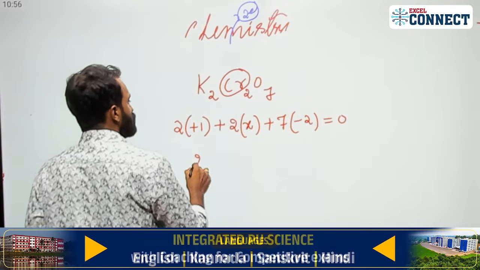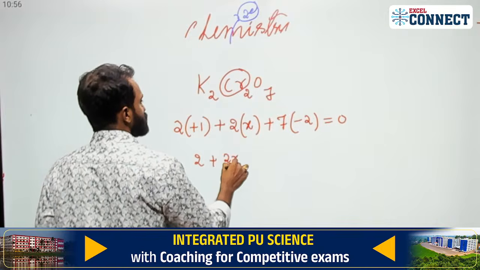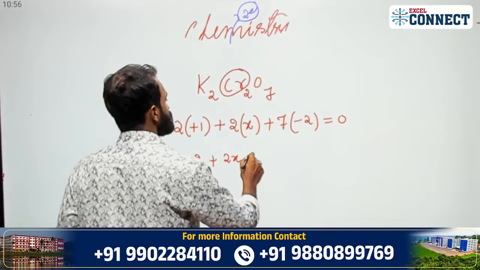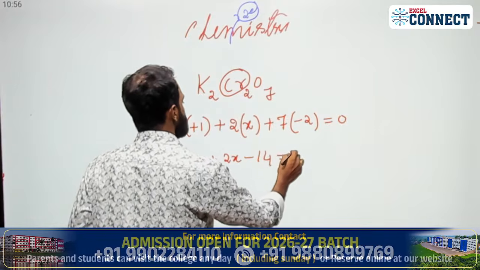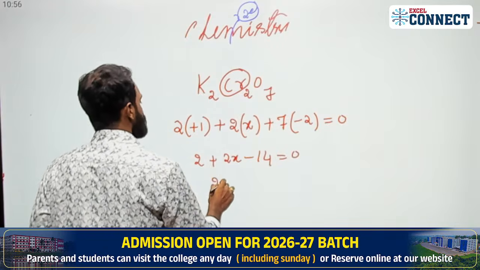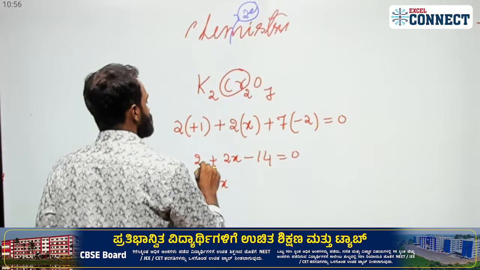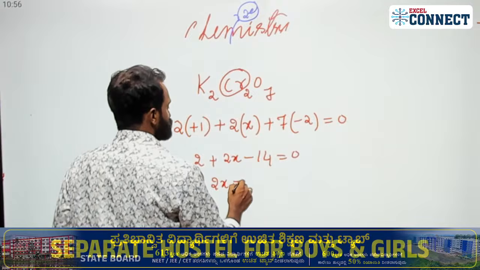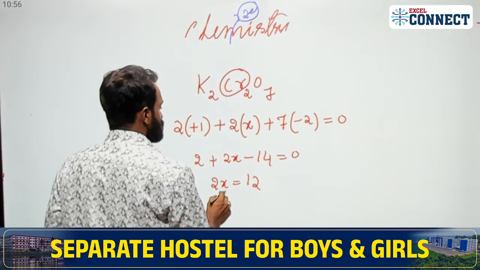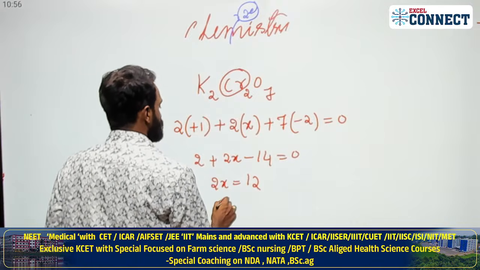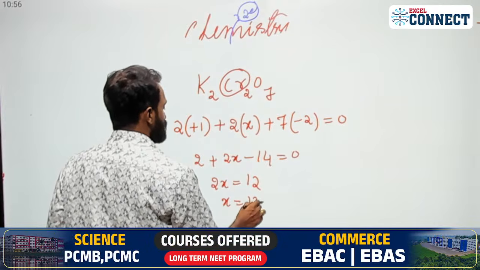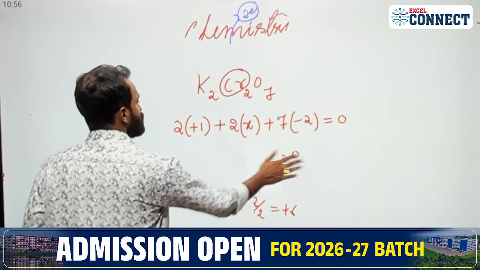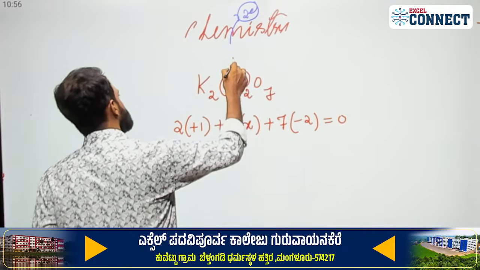So 2 plus 2x minus 14 is equal to 0, 2x minus 14 plus 2 is 12, so it is 12, okay, x is equal to 12 divided by 2, which is plus 6 oxidation state. What is that? Plus 6 oxidation state.